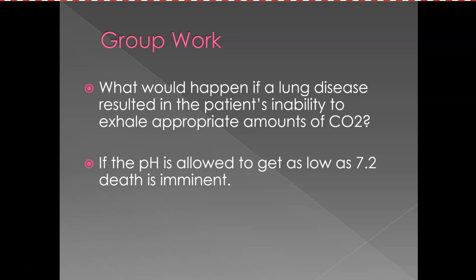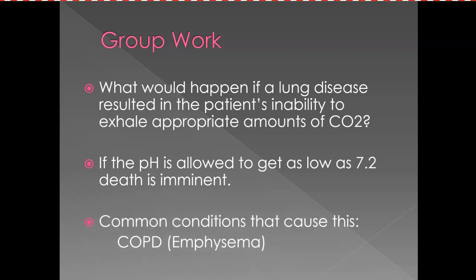And to get a sense of this tenfold change when we move down 1, if the pH is allowed to get as low as 7.2 from the normal 7.4, death is imminent. And we have to realize that just a change of 0.2 could be catastrophic to the processes of the body.